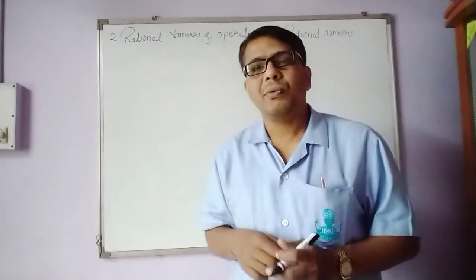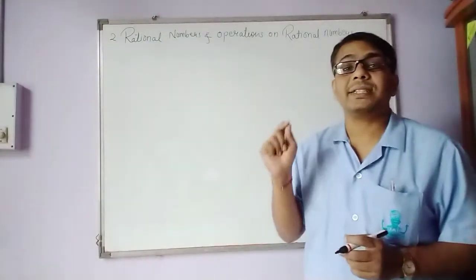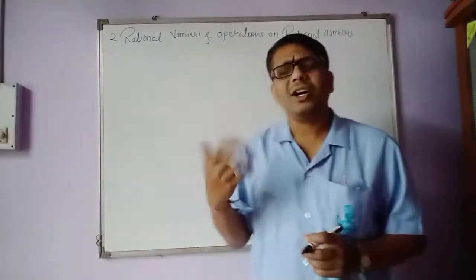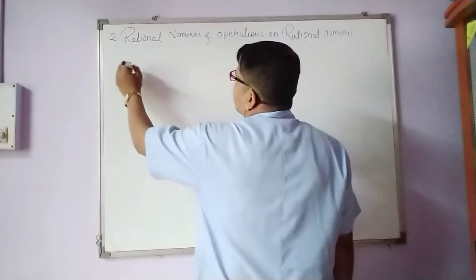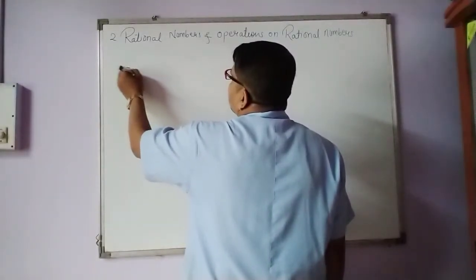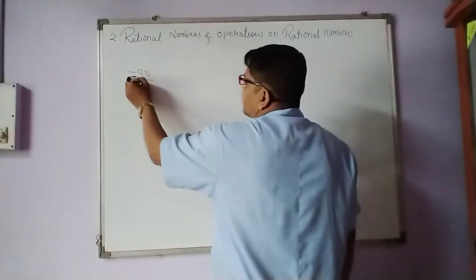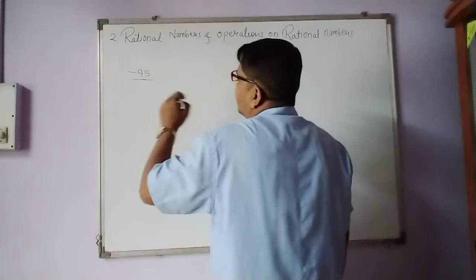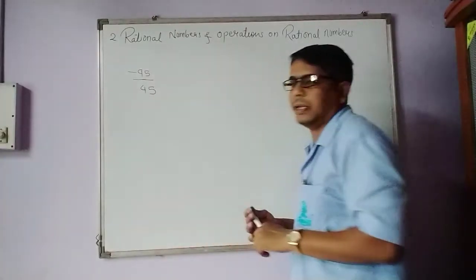Now for that, what do we do? We either use the GCD method, divide by the greatest common divisor, or you can use any other method, that is, simple methods using tables. Okay, for example, I have got minus 95 upon 45.